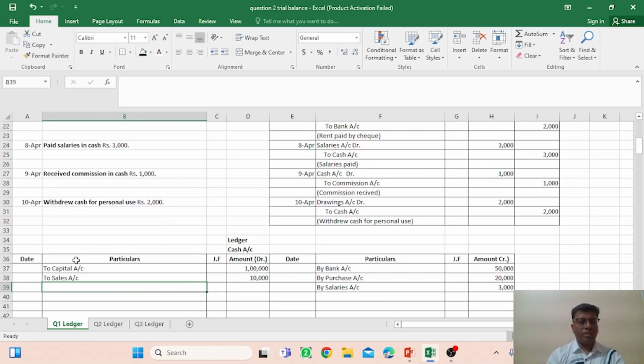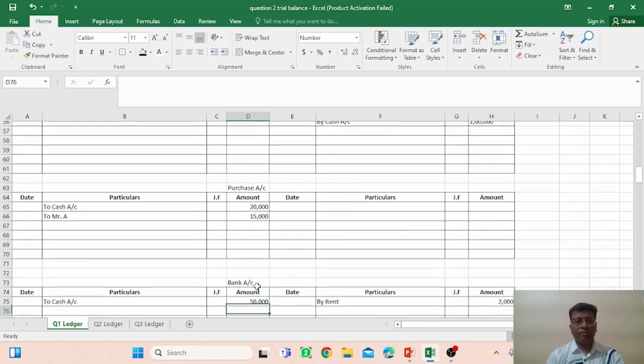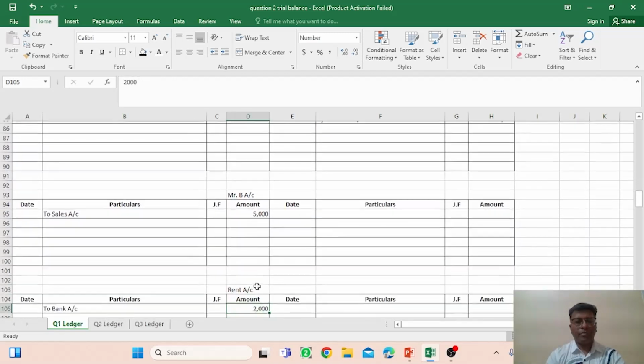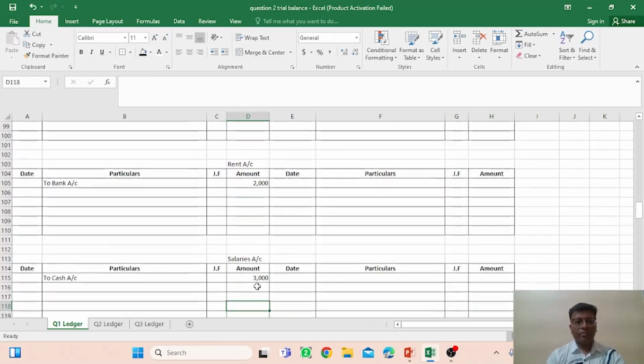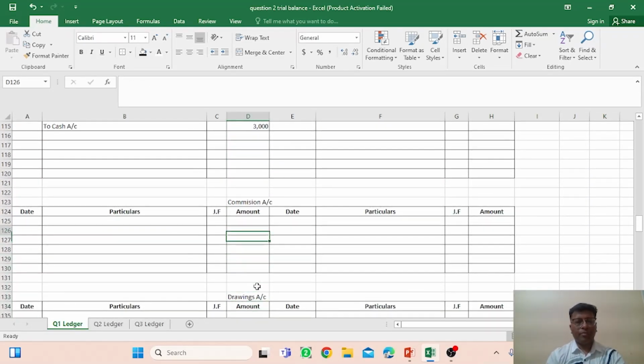Cash account debit to commission account, that is 1,000, and in the commission account you have to write by cash 1,000, by cash account rupees 1000.